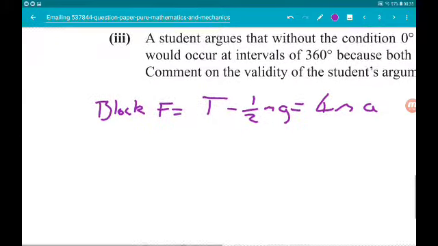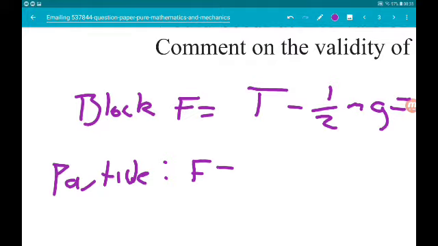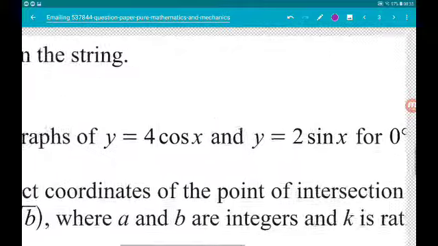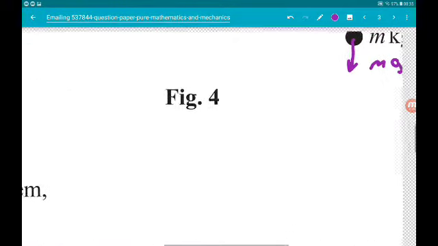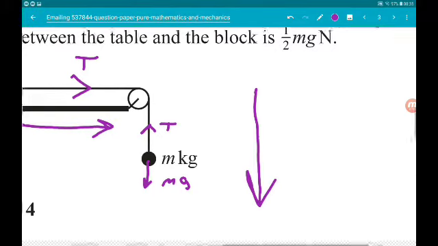And then for the particle, this time the particle is moving down, so overall we're moving downwards.